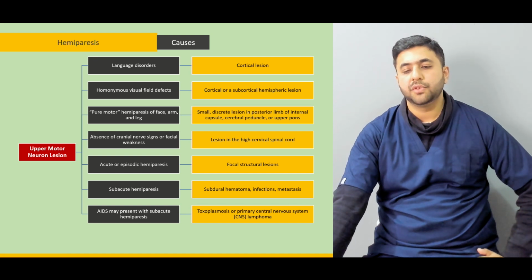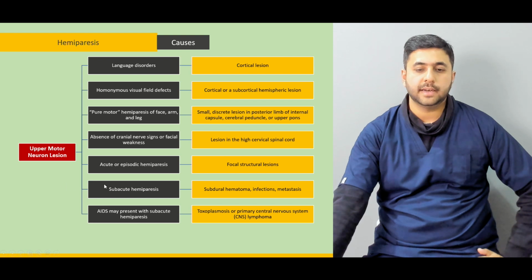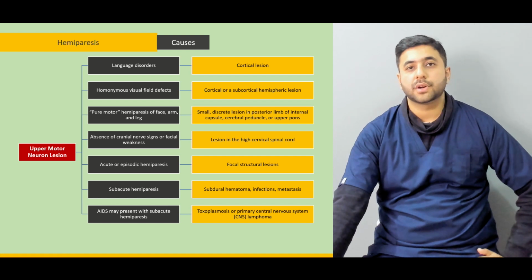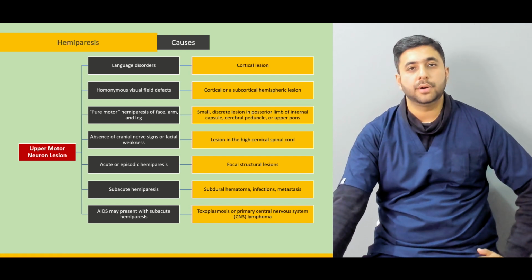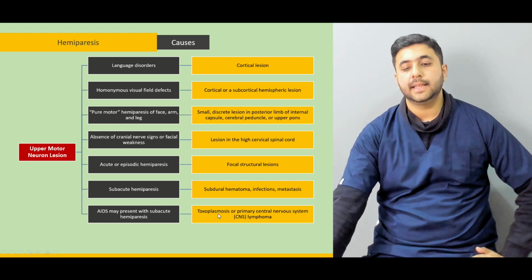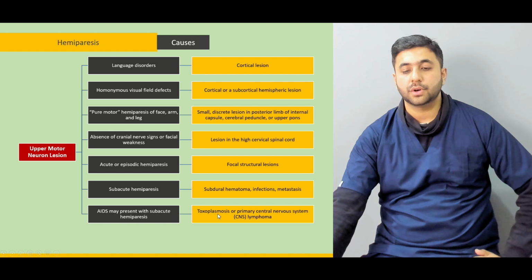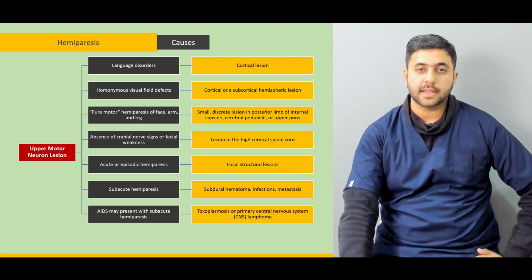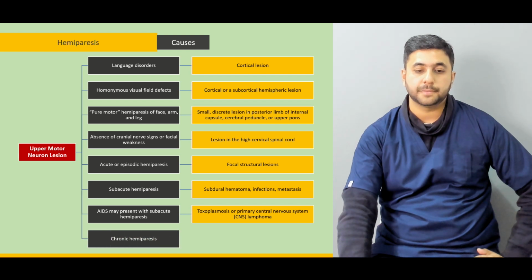And the CNS lymphoma is basically a tumor of the lymphoids, and it also presents subacutely in the form of subacute hemiparesis in a long-standing AIDS patient or someone who has a very low CD4 count, and they have a full-blown disease of the AIDS which is not being controlled with the help of the medication. Then these infections of toxoplasma and a tumor like a CNS lymphoma can present in these HIV positive patients or AIDS patients.